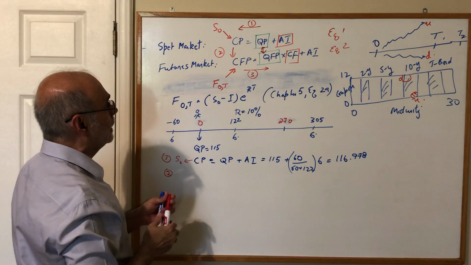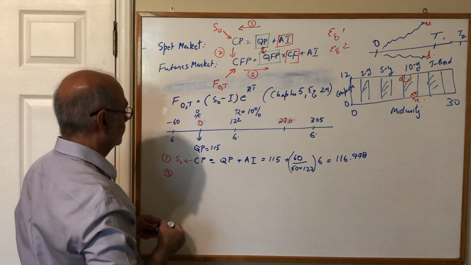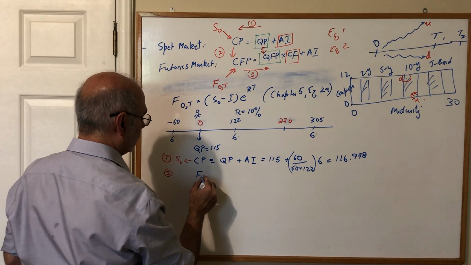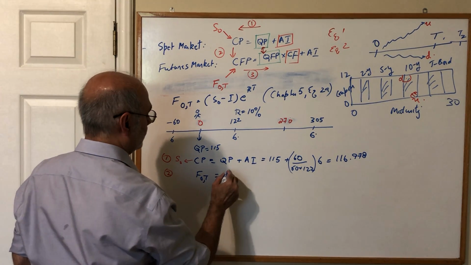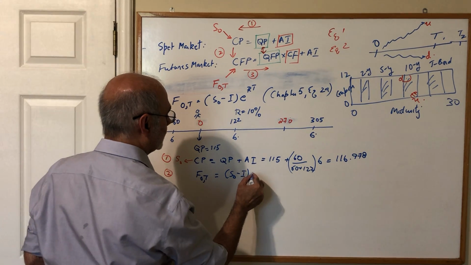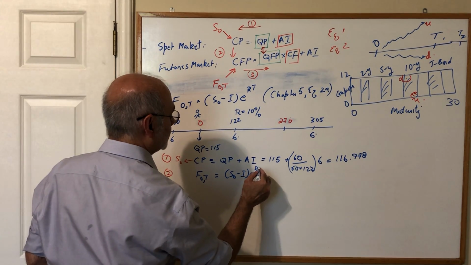So let's write that equation down. I'm going to use that equation: F0 is equal to S0 minus I, times e to the RT.